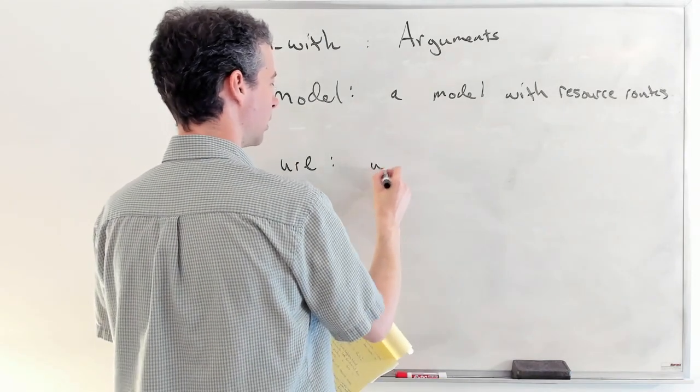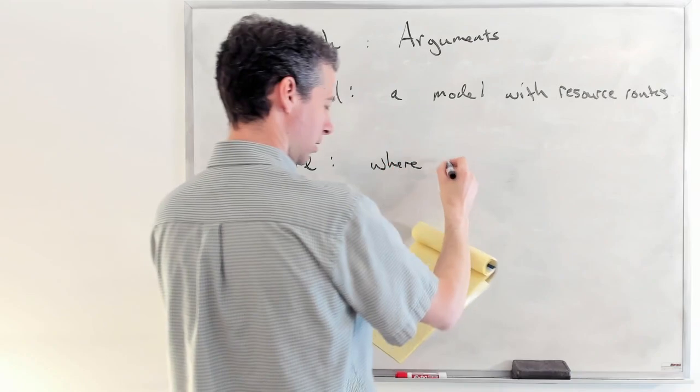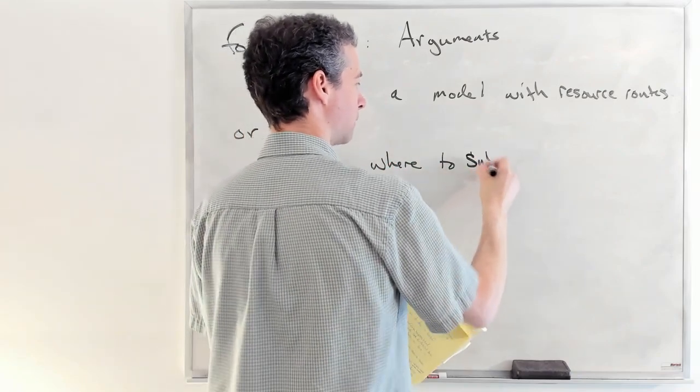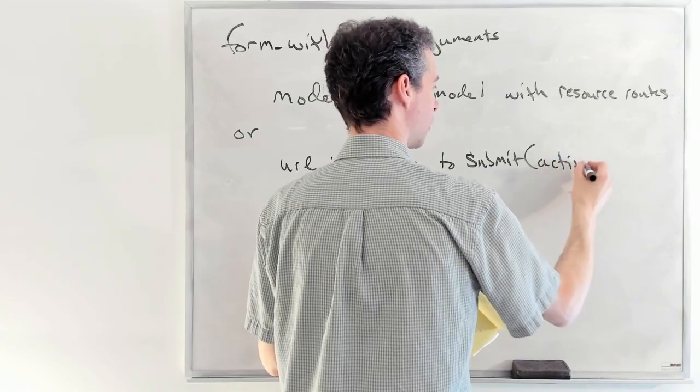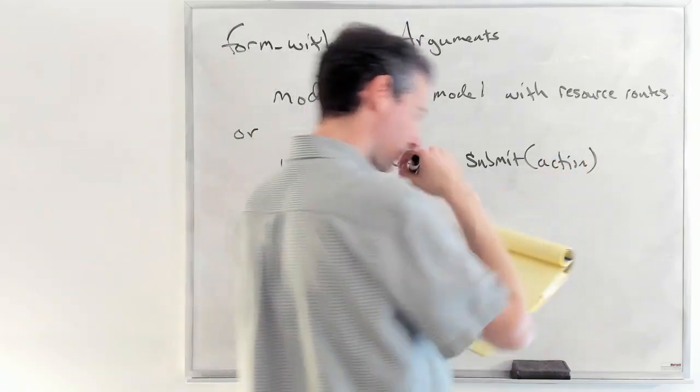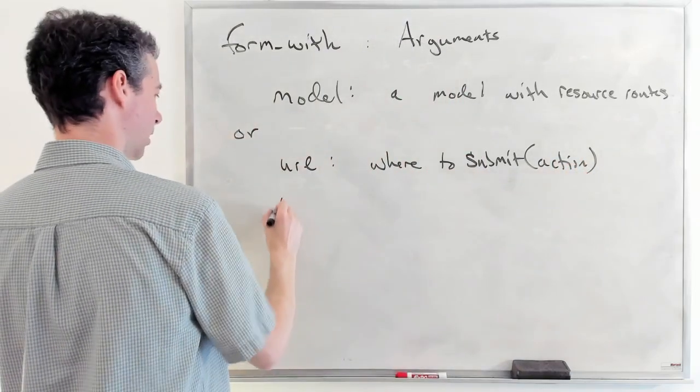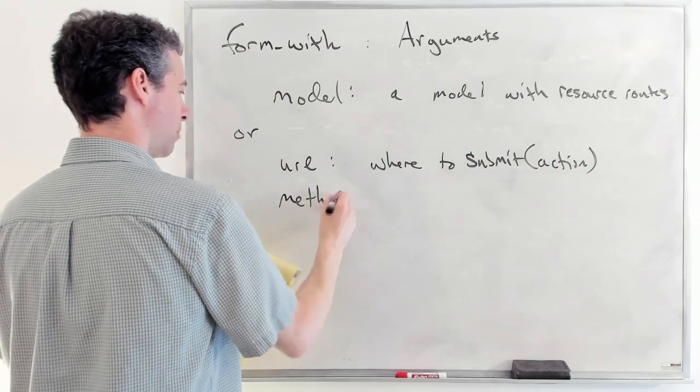So again, the URL is where to submit the form. This is in an HTML form. It's called the action. And then you have a method.